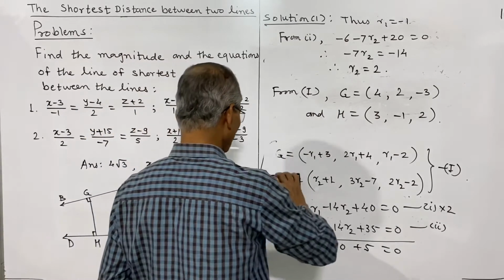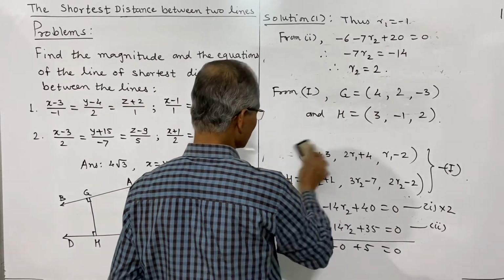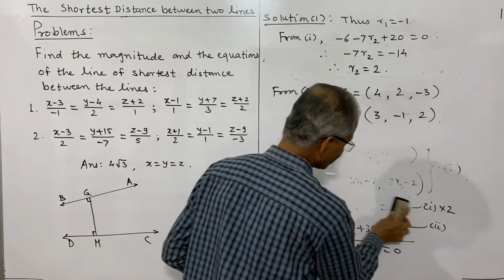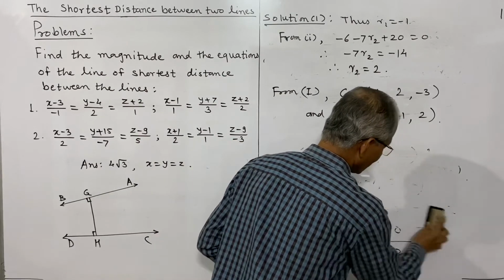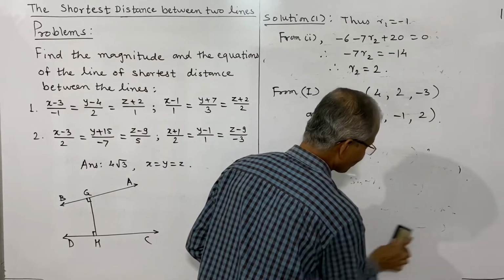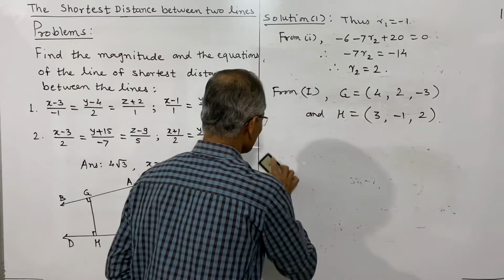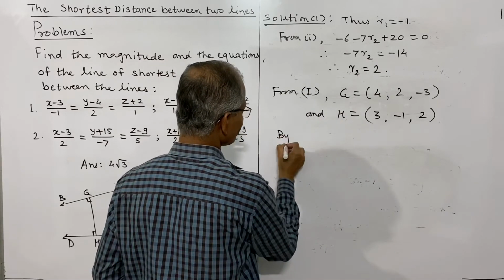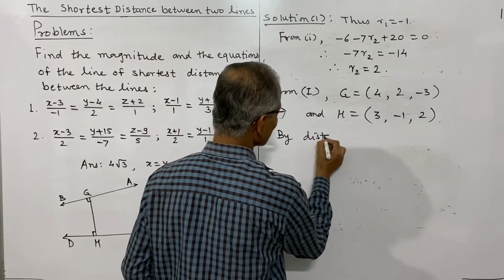The shortest distance between the lines we can find by using the distance formula in 3 dimensions.